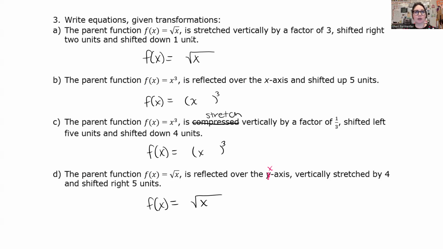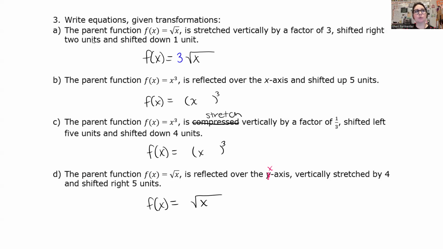Reading through here, the first one says stretched vertically by a factor of 3. Where do I put the 3? It's going to go out in front. Stretched vertically goes in front.